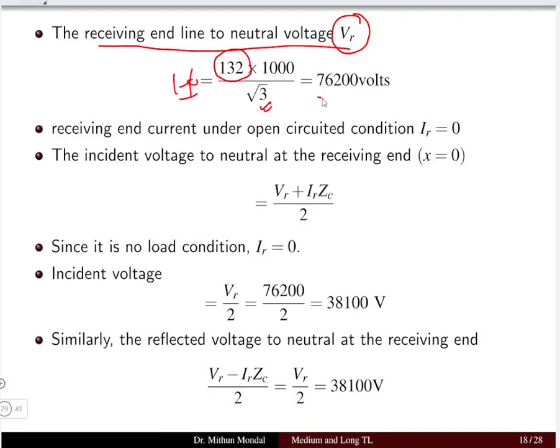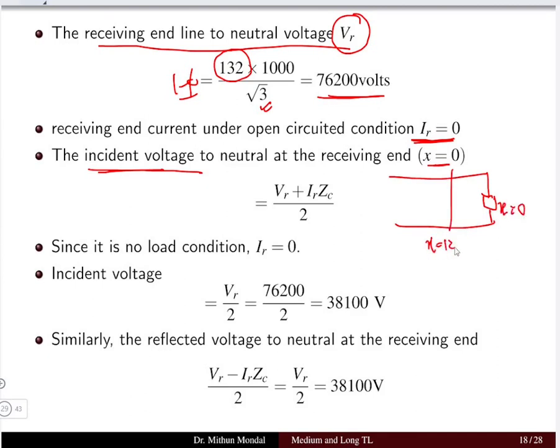So we are getting 76200 volts. The receiving end current is 0 because it is under no load condition. The formula for calculating the incident voltage at x equal to 0, because we are calculating from the receiving end. So here it will be x equal to 0, and here x will be equal to 120 kilometer that we need to calculate.